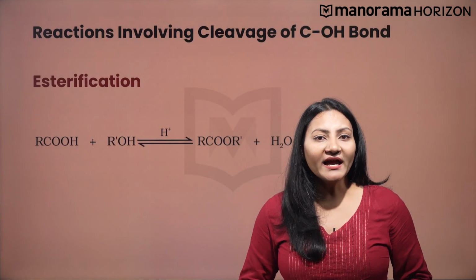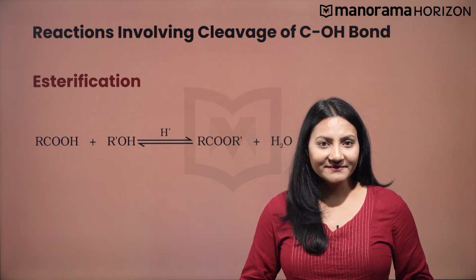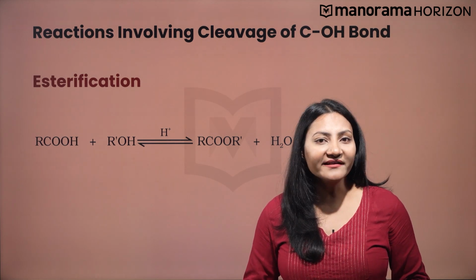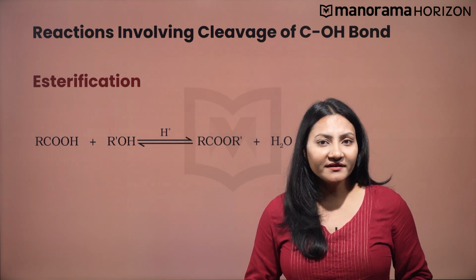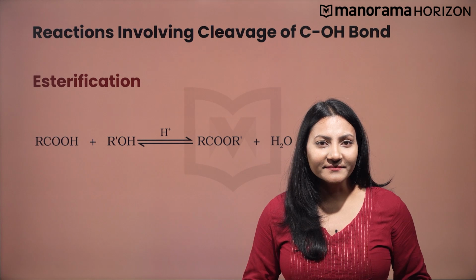In this type of reaction, carboxylic acids are also esterified with alcohol or phenol in the presence of a mineral acid such as concentrated H2SO4 or HCl gas as a catalyst.